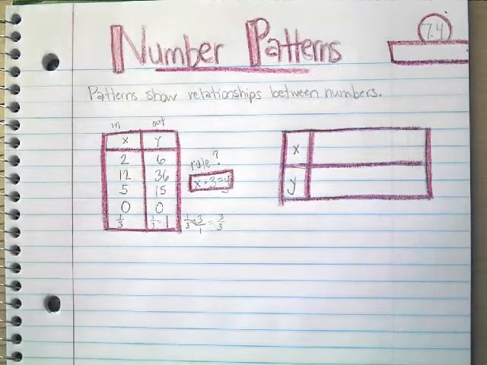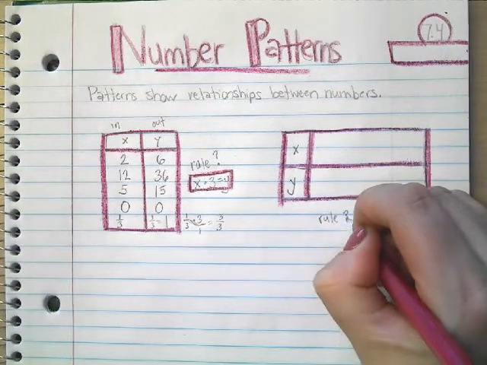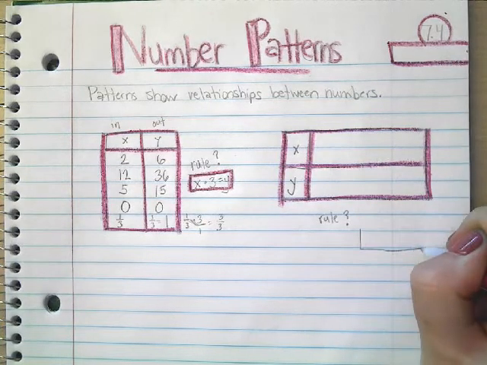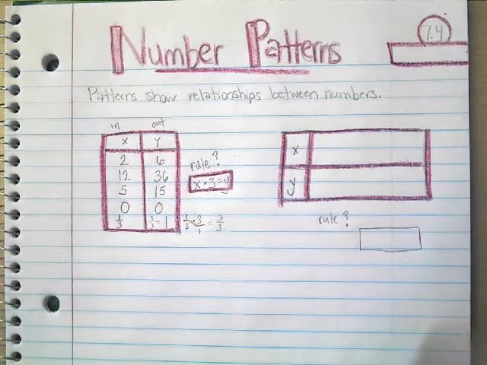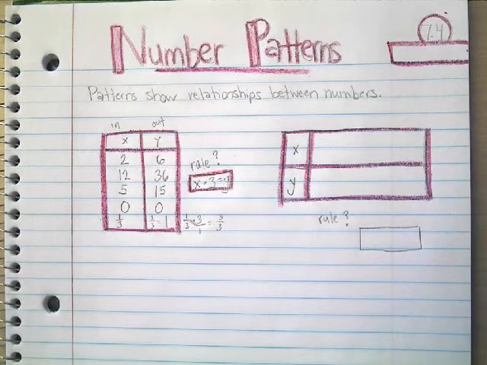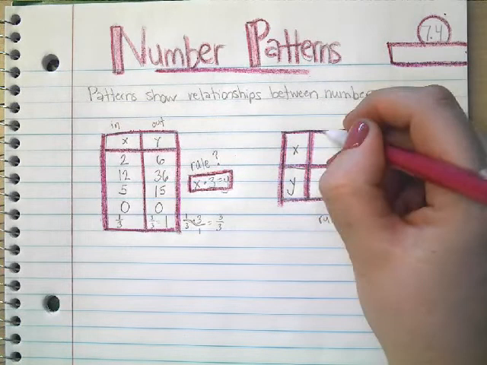In this case, I'm going to give you a bunch of sets of numbers, and we're going to try and figure out what the rule is. So again, when I say what is the rule, it means what is the relationship, or what is the pattern between these numbers. Okay? All right.